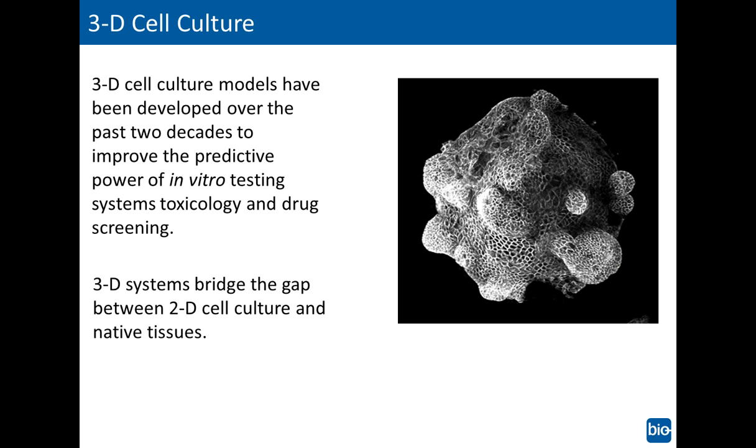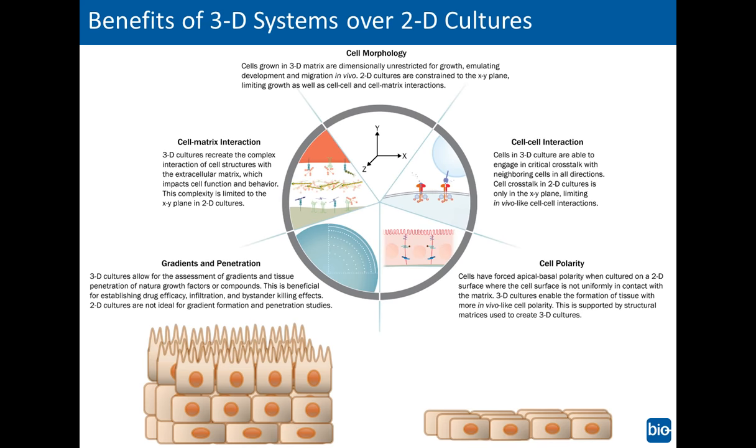And the great thing about these 3D model systems is that they're much better at predicting drug efficacy and toxicology than 2D systems, as Scott was already talking about. And they bridge the gap between 2D cell culture and native tissues. So you can use these systems as an alternative to animal studies in many cases. And also, when you use human-derived 3D systems, they tend to be even more predictive than animal studies.